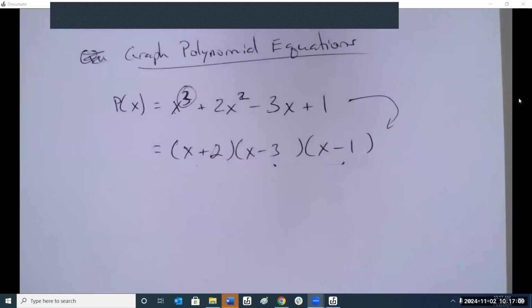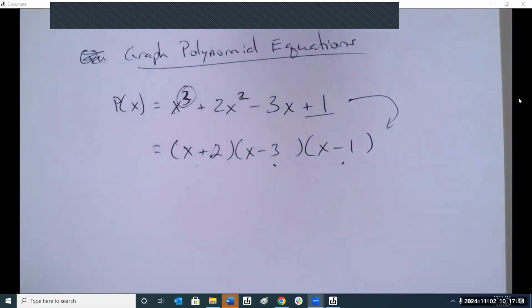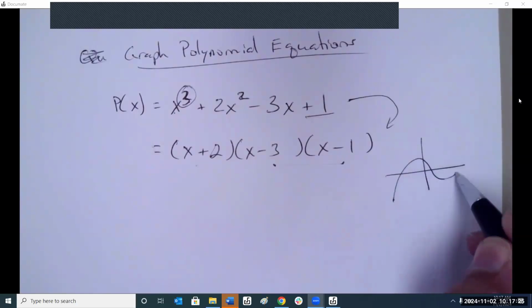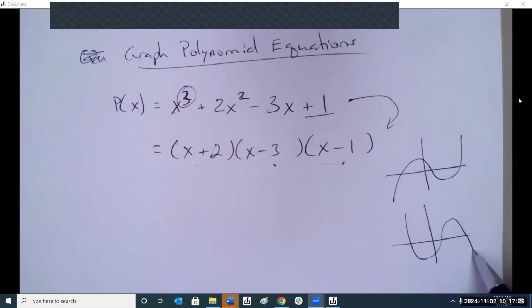All this stuff fits together now, so you know what to look at. My y-intercept is 1. I know that by looking at it. It's a cubic equation. What is that graph going to look like? Exactly. It's either going to look like this or like this.